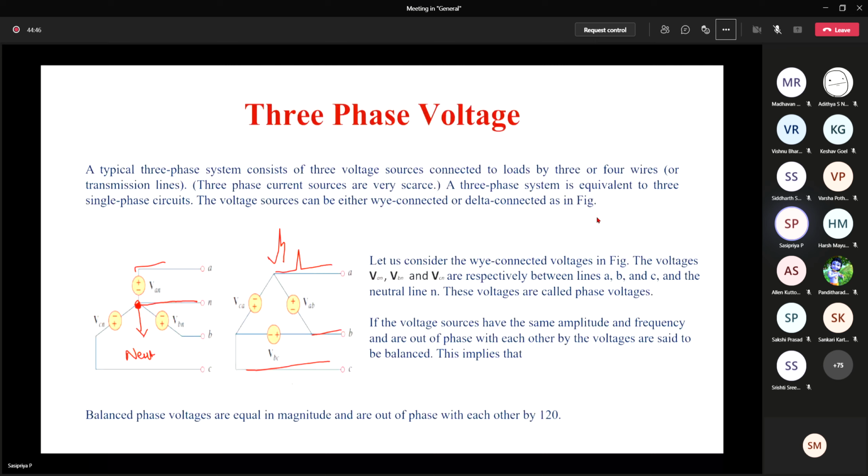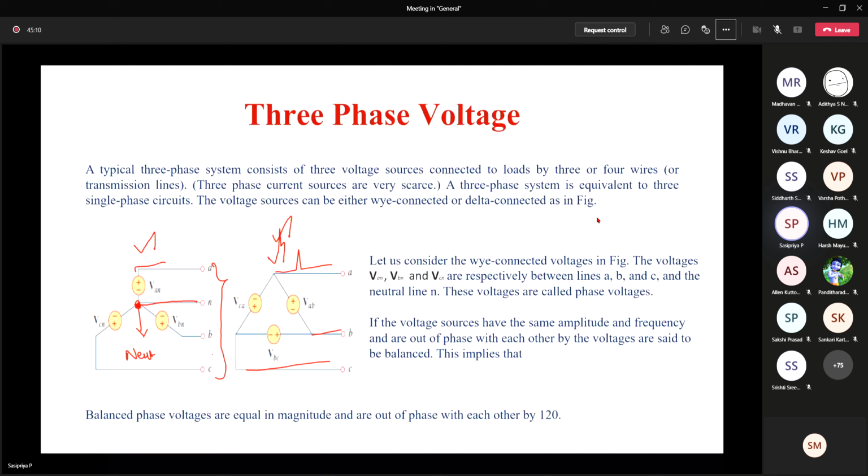So the supply voltages connected to a load can be arranged either in the delta connection or in a star connection. In delta connection there are 3 wires, whereas in star connection we have 4 wires.